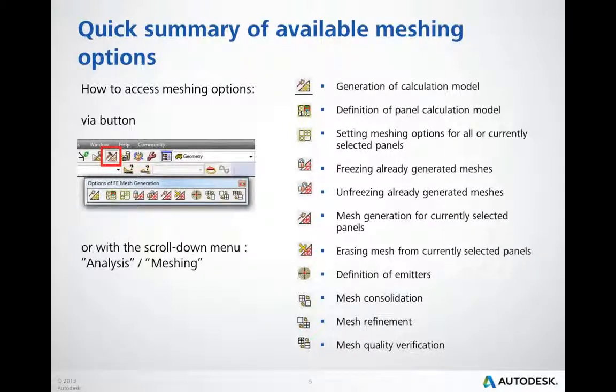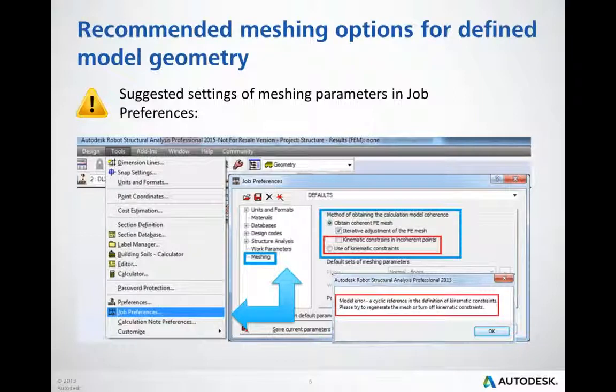This slide shows the recommended default meshing settings, at least the ones that we propose. We suggest switching on iterative adjustment of meshing and switching off kinematic constraints, as such a configuration works better for models whose geometry is not perfect and has some inaccuracies.